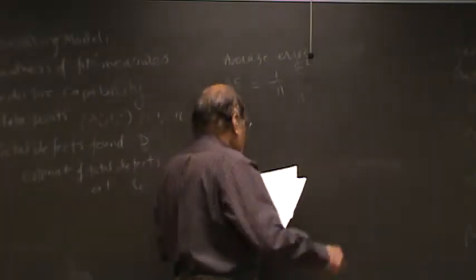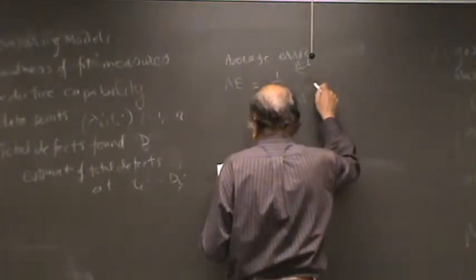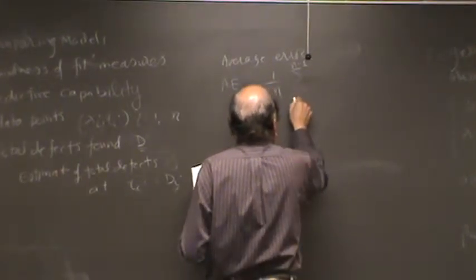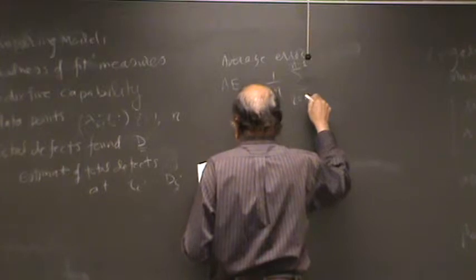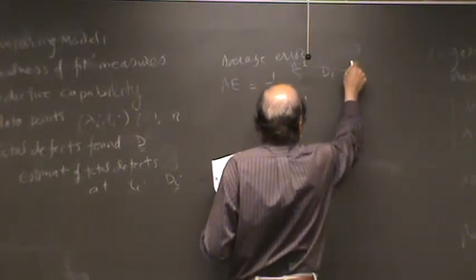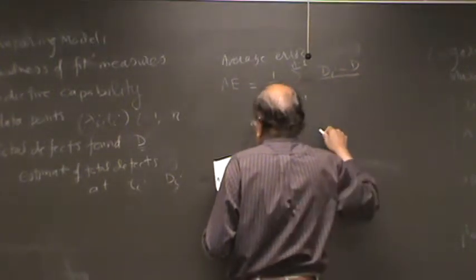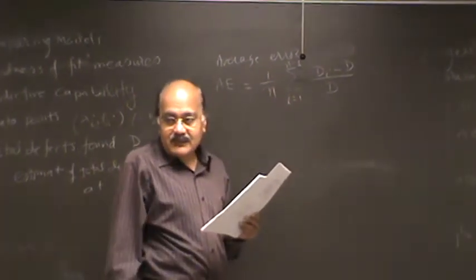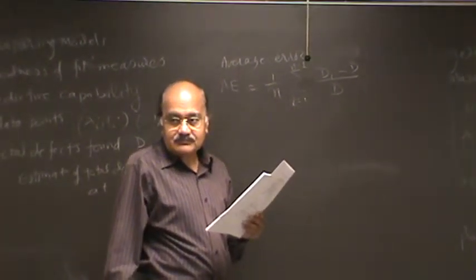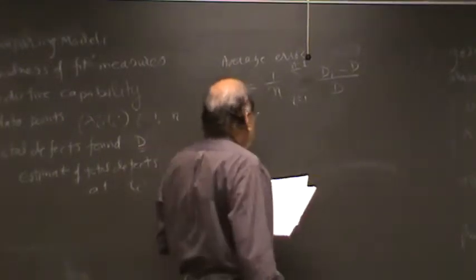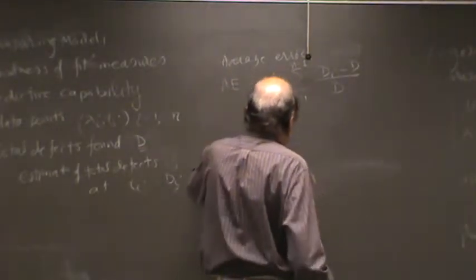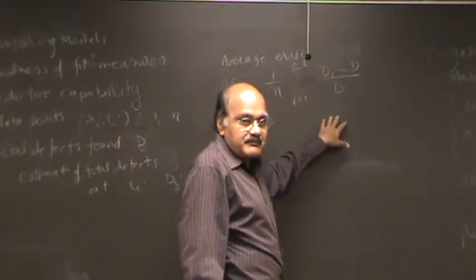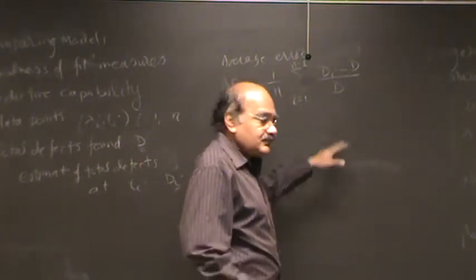And so this is to take the average, and I'm sorry, that should be i equal to 1 to n minus 1. Prediction minus the real value, normalized by dividing it by the real value. So this is average error. So basically you calculate the error of prediction at every point in time and take the average.